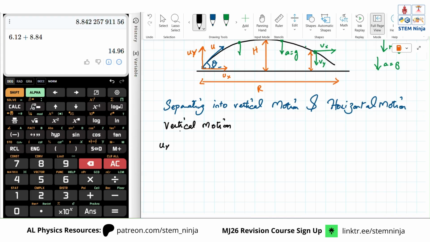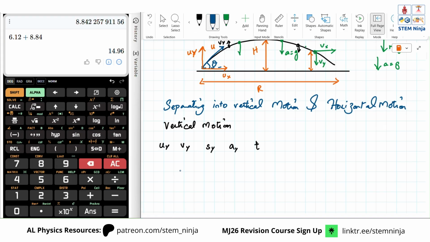Uy would be the initial vertical velocity. We can have a Vy somewhere along the way, it could be over here, it could be over here, we don't really care. We can designate Sy for the net vertical displacement, acceleration ay for vertical acceleration, and t for any part of the motion.